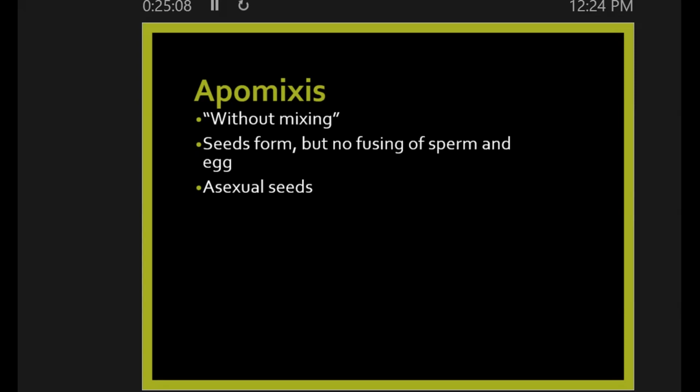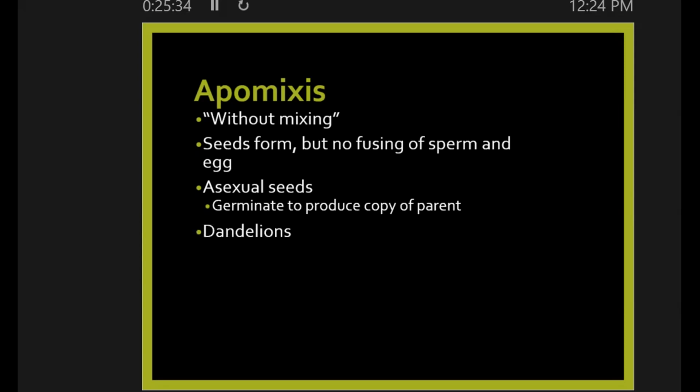You're guaranteed. If you have the perfect plant and want to make oodles of copies of it because you'll make money off of it, then you would want this situation. So they're really interested in how this happens, and can we make it happen on purpose when we want it to. They're definitely looking at that.